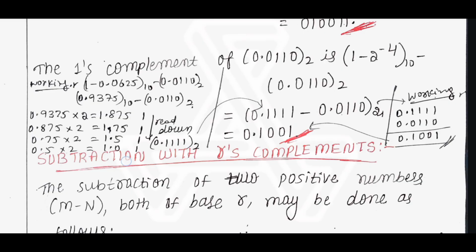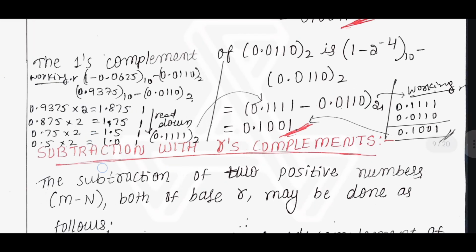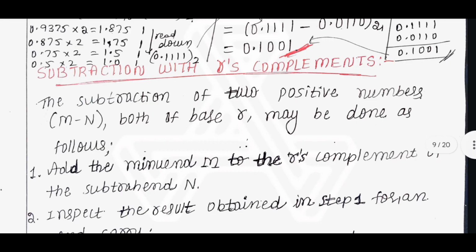Next 0.875 times 2, and this times 2, and this times 2 gives 1. Then 0 times 2 is obviously 0. So 0.1111. So we have 0.1111 minus 0.0110, which gives 0.1001.